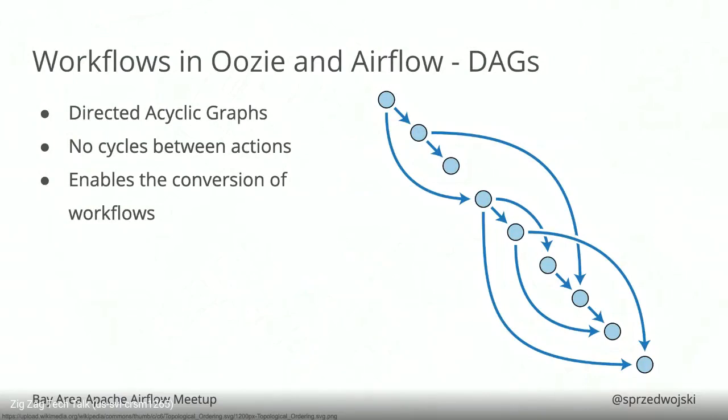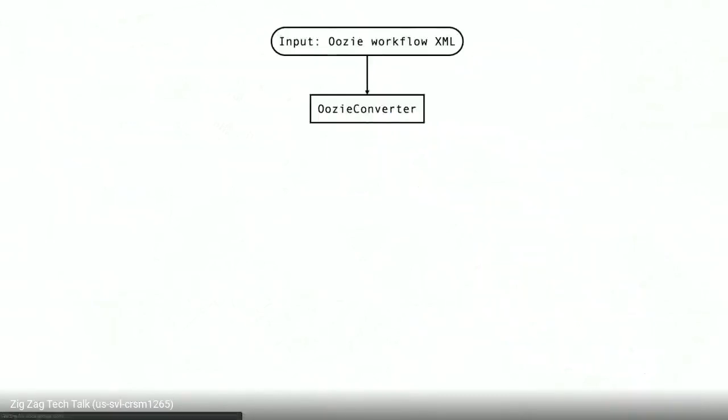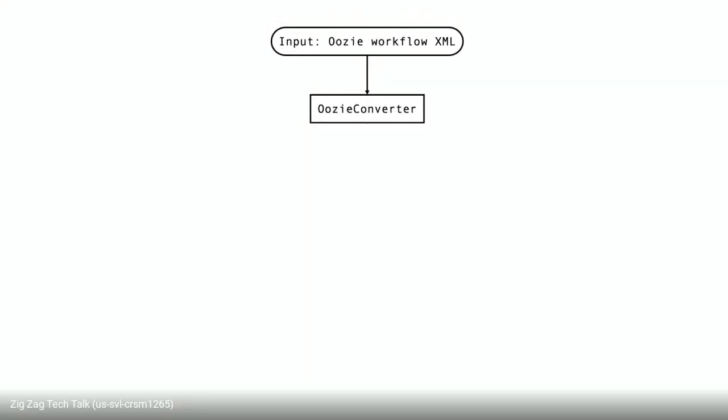First, I want to mention that it's possible to migrate those workflows, because both Oozie and Airflow have this concept of DAGs. So the workflows are directed acyclic graphs, and there are no cycles between actions. And this is a simple schema of how our tool works. First, you input an XML file, and it goes to the converter, which orchestrates the whole process.